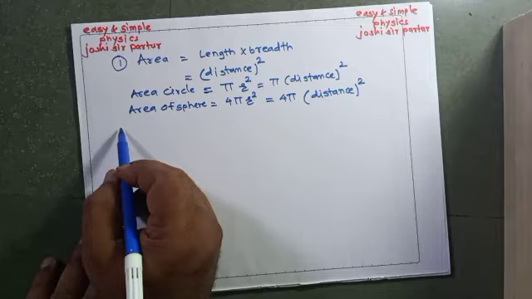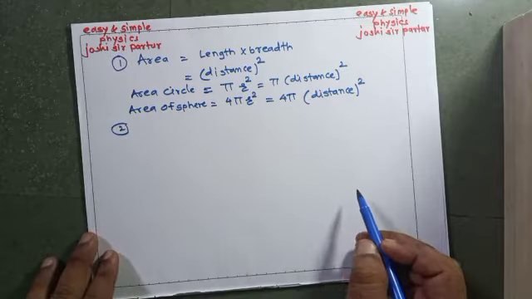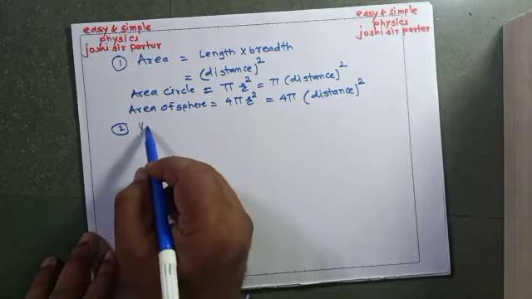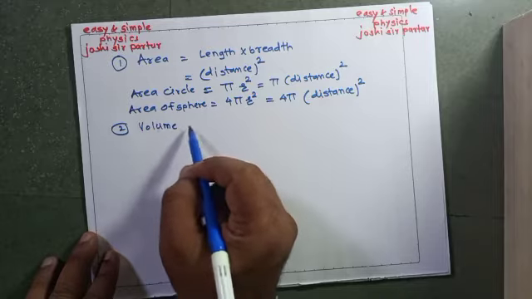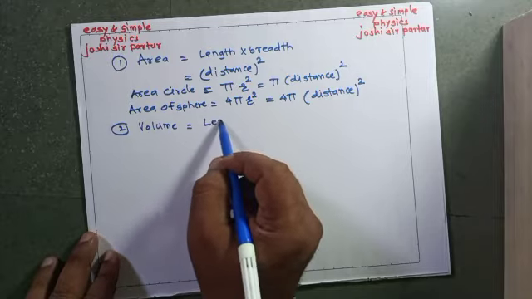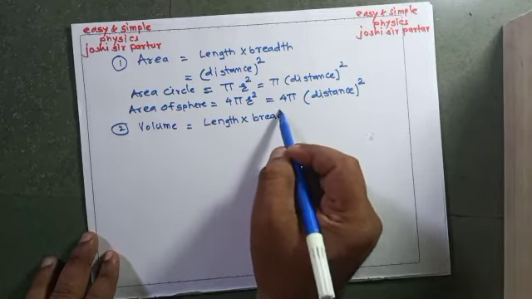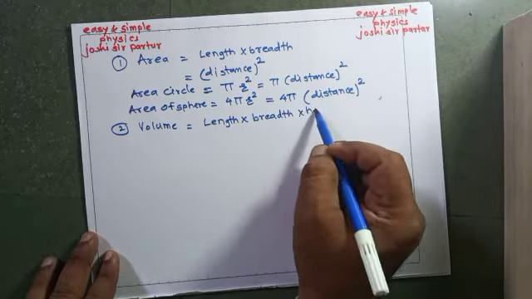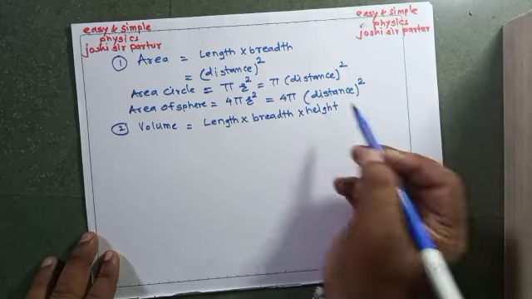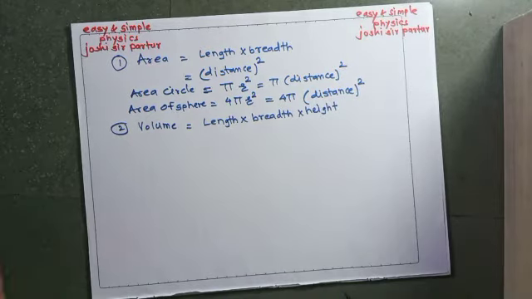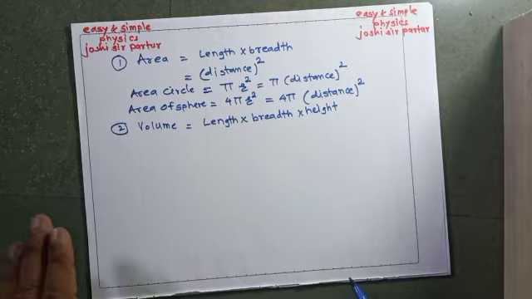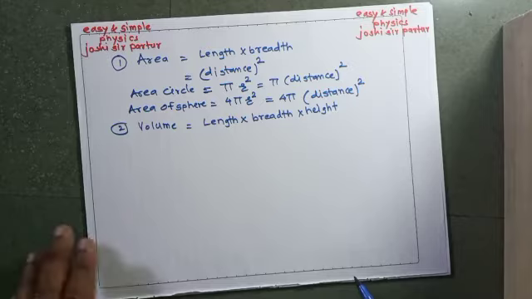The second physical quantity will be volume. We know that the product of length, breadth and height gives volume, or volume is defined as the product of length, breadth and height.